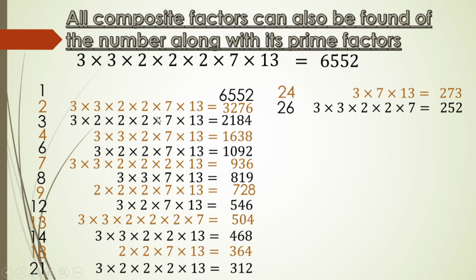Obviously, when this number increases, this will decrease. So 3 into this, you can see here, small, big. Yes, they are small, big, but this is continuously increasing and this is continuously decreasing. Obviously when it is increasing, this has to decrease to compensate. Why compensate? Because after all they have to make 6552.